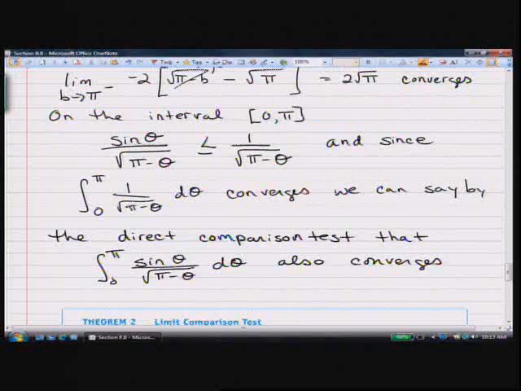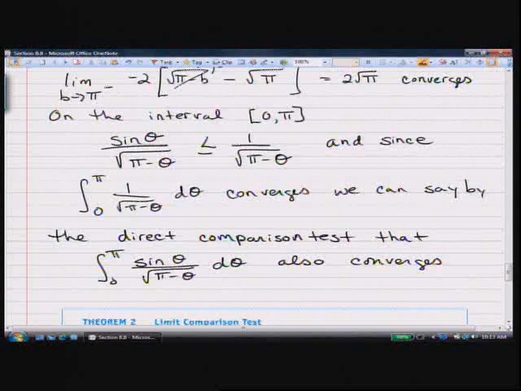Okay? So what you always seem to wonder is, well, what function am I going to use to compare it to? But again, that one sort of should have felt like a good one to use.